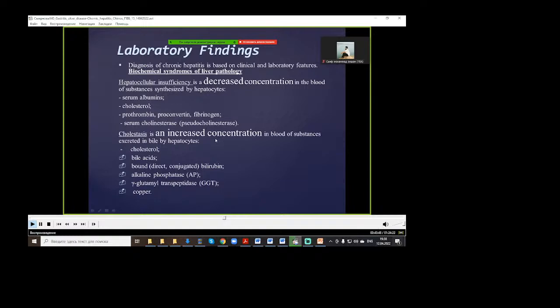Cholestasis is an increased concentration in blood of substances excreted in bile by hepatocytes. So in case of cholestasis, cholesterol, bile acids, bound or direct or conjugated bilirubin, alkaline phosphatase, gamma-glutamyl transpeptidase, and copper will be increased.